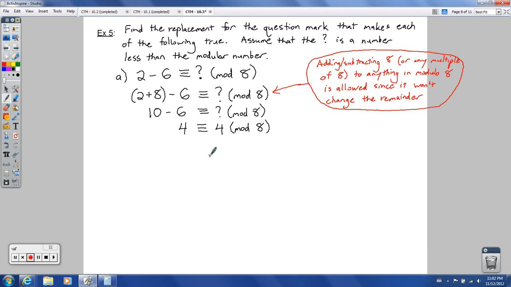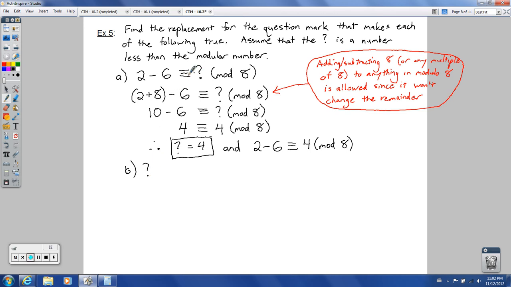So therefore, you could say that the question mark equals 4. And if you wanted to, you could plug the question mark back up there: 2 minus 6 is congruent to 4 mod 8.